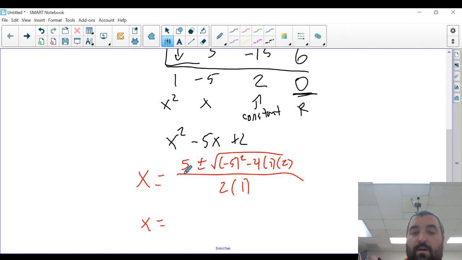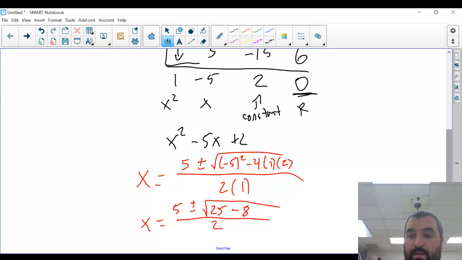So we get 5 plus or minus the square root of 25 minus 8, all over 2. 25 minus 8 is 17, over 2.